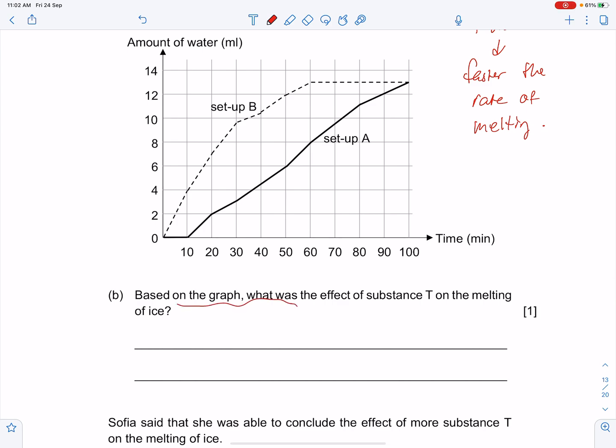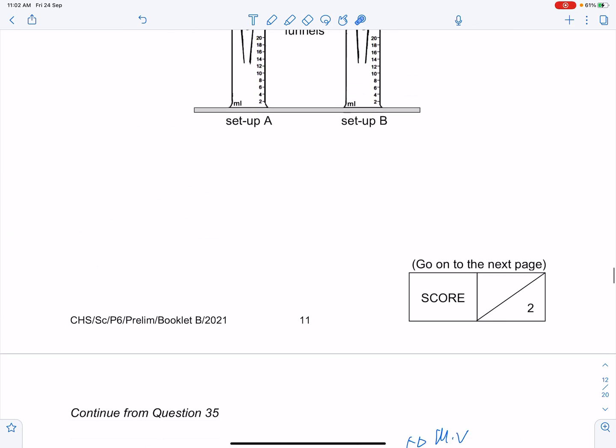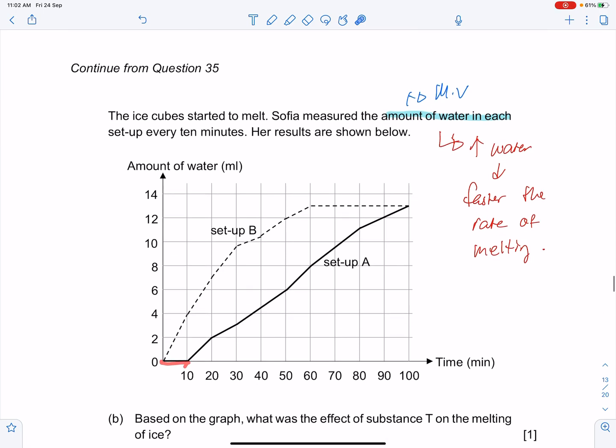Based on the graph, what was the effect of substance T on melting the ice? So in setup A, you realize that setup A has no substance T. Can you see it took some time before it starts to melt? Oh no, haven't even yet, because zero amount of water collected.